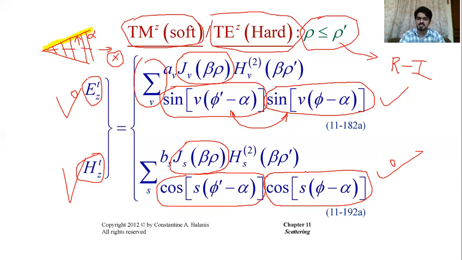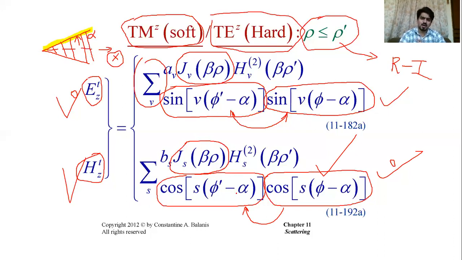When we differentiate this cosine function with respect to phi, it will be converted back to a sine function. So that's why. And again, using reciprocity, we also introduce another cosine s times (phi prime minus alpha) function, right? So that we can interchange the observation point and the line source.